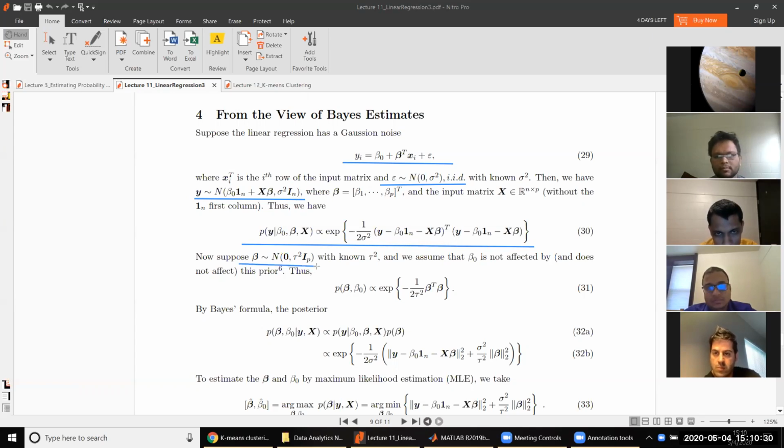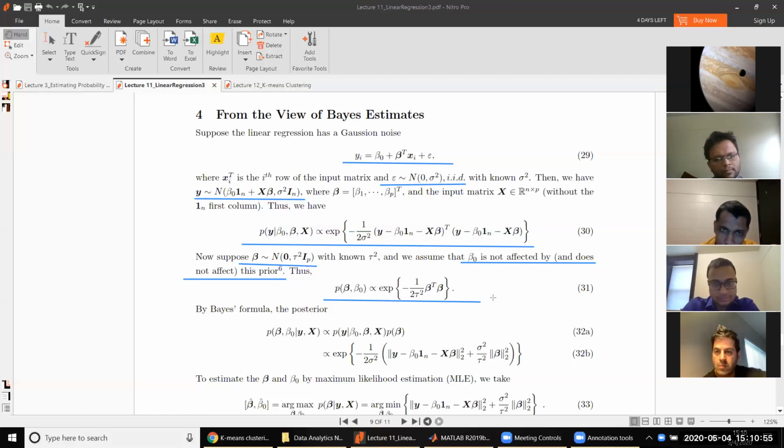And be very careful here. I admit something is a bit not that clear: we assume that beta 0 is not affected by and also does not affect the prior distribution. Because if you make beta 0 an element there, then you're going to have exactly the same problem as before when we defined the Lasso.